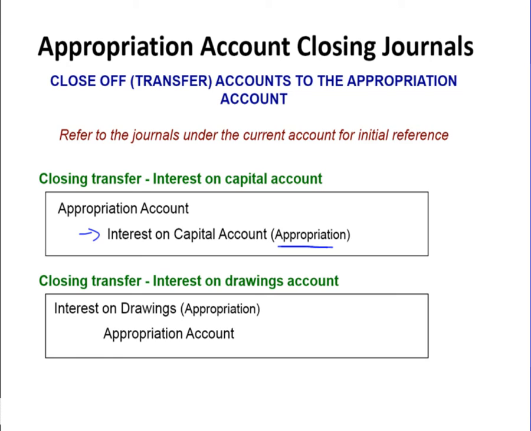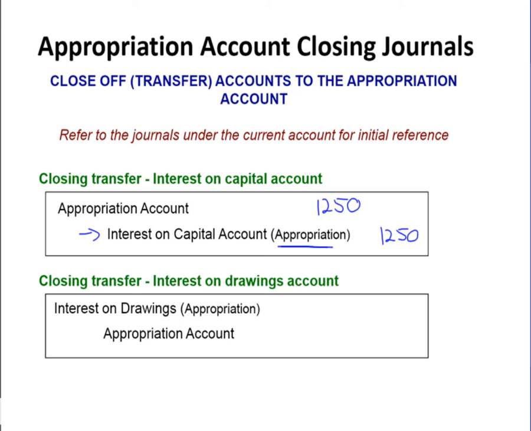We're going to take the interest, we're going to credit it this time, and we are going to debit the actual appropriation account. So our interest on the capital account was 1,250 if you remember correctly, and we will put it into the appropriation account.